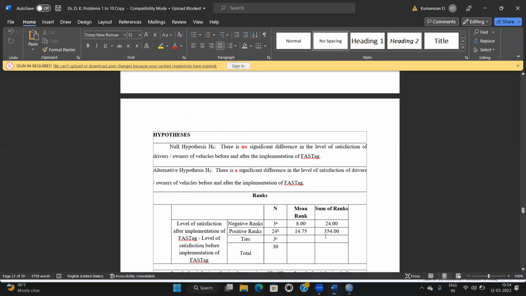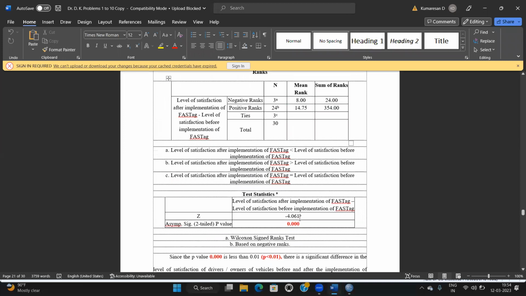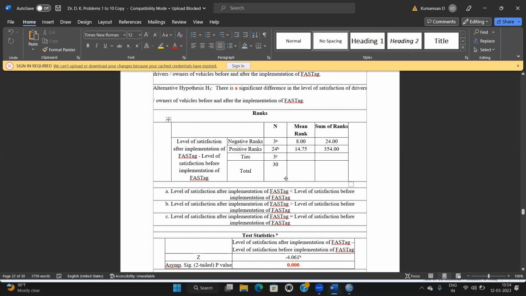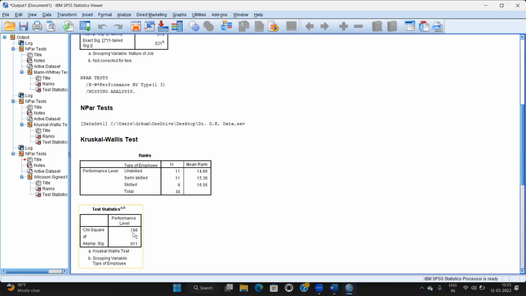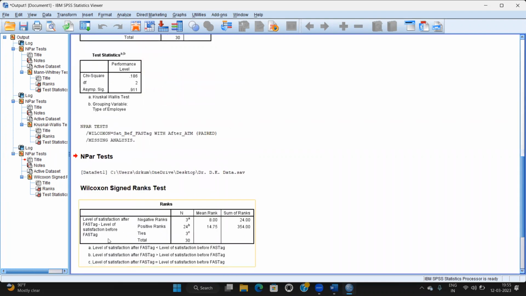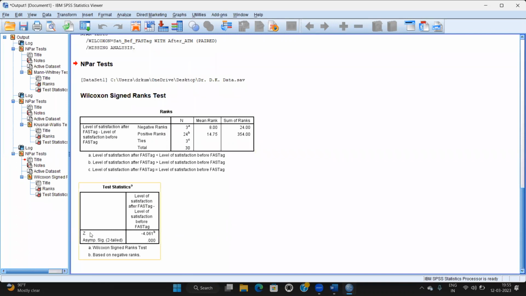Let me come to the Word document for easy understanding. Here also 2 tables of output are given. Here, Z value and P value. Earlier it was chi-square, degrees of freedom and P value. Now Z value and P value.